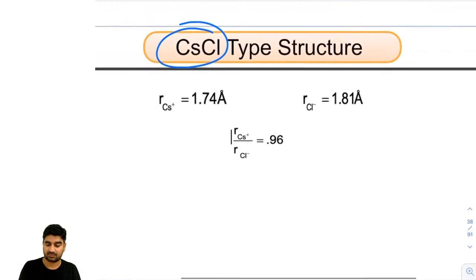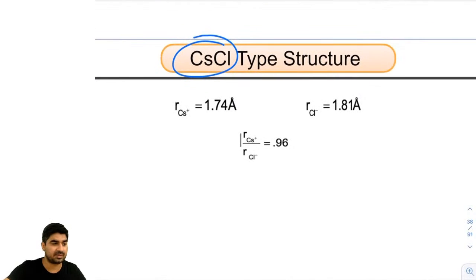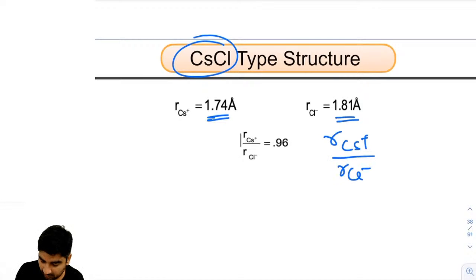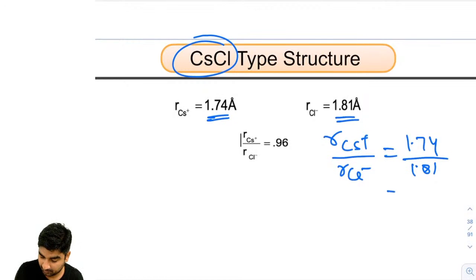Cesium chloride. Again, here I am giving you some experimental data. Radius of cesium is 1.74 and the radius of chloride is 1.84. Now, if you find out the radius ratio, it will be 0.96.